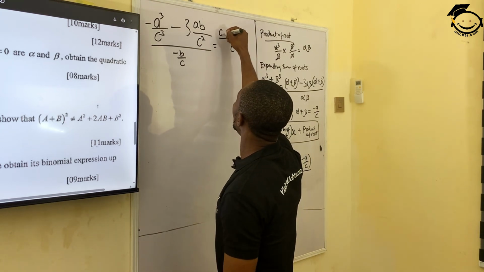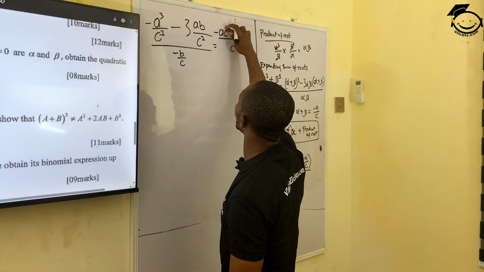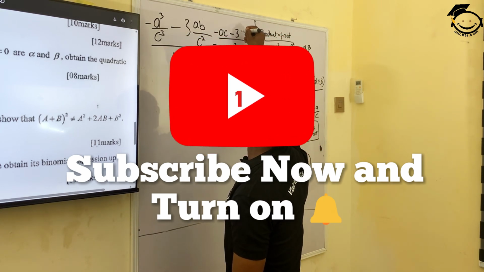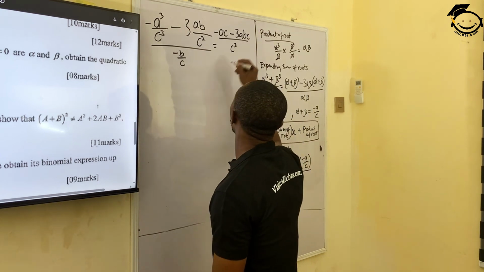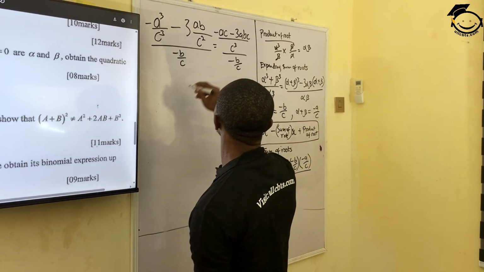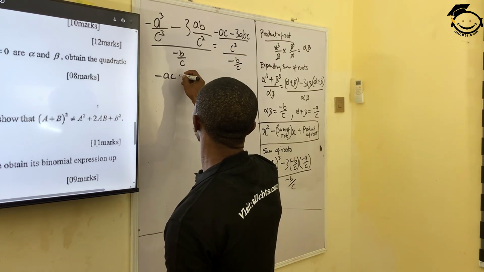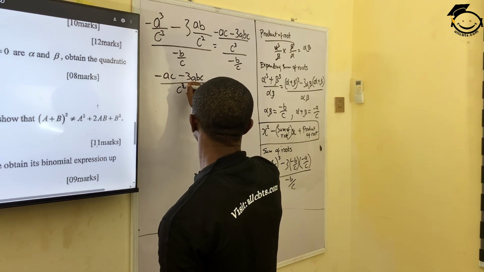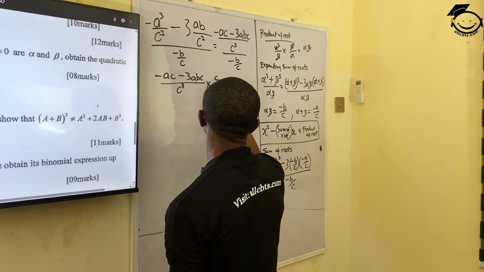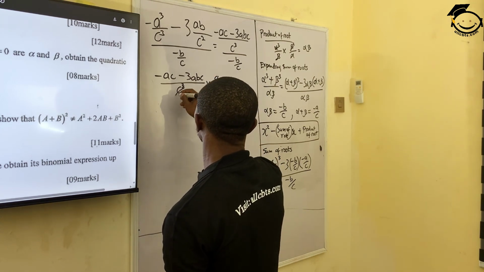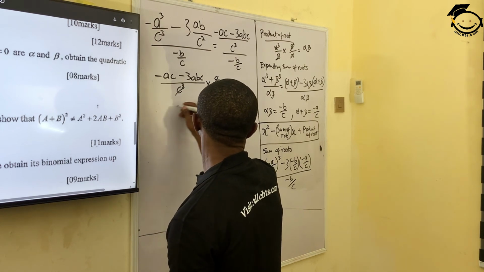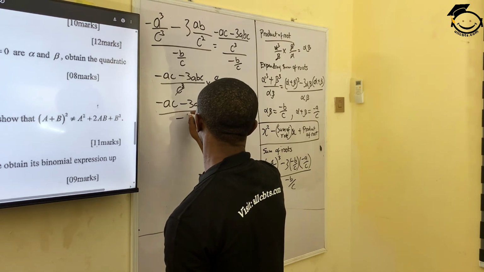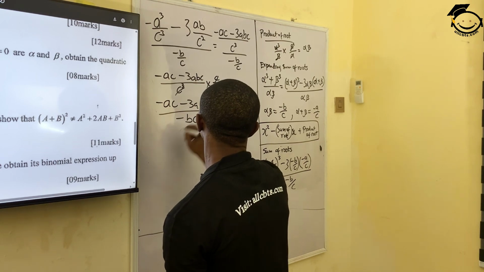This will be minus AC squared, AC, minus 3ABC all over minus B over C. So this will give us minus AC minus 3ABC all over C cube times C over minus B. So this cancels here, leaving us with minus AC minus 3ABC all over minus B C squared.